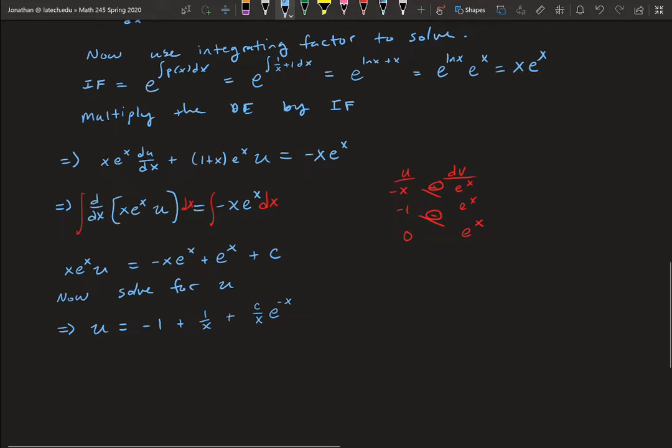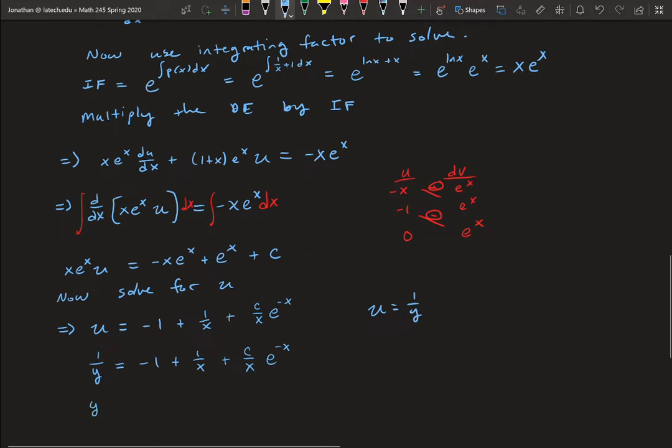Now, that is what u is equal to, but we really want to know what y is equal to. And what was u? u was equal to 1 over y. So 1 over y is equal to negative 1 plus 1 over x plus c over x e to the negative x.